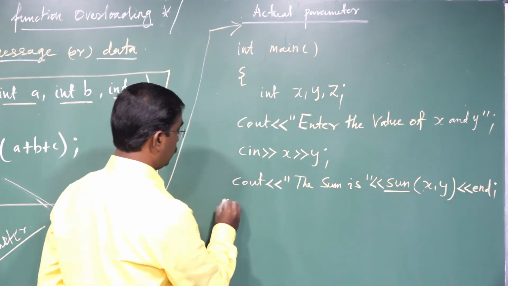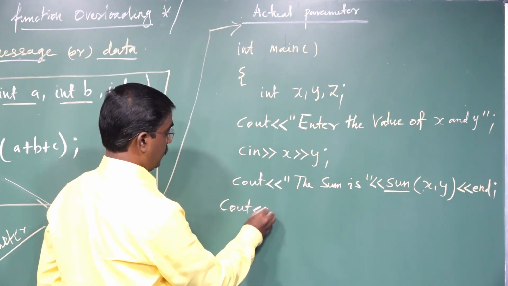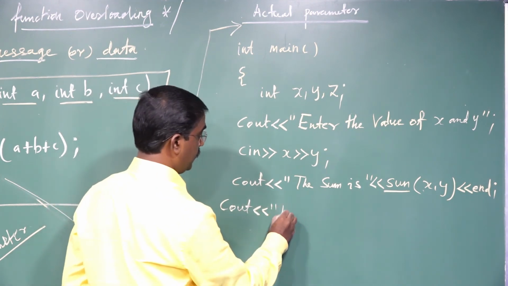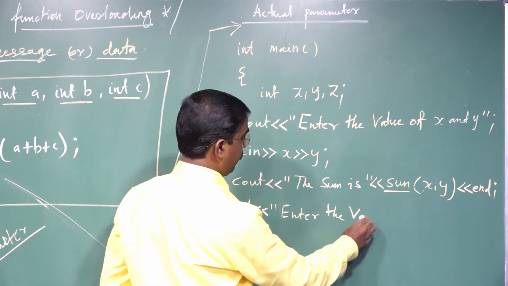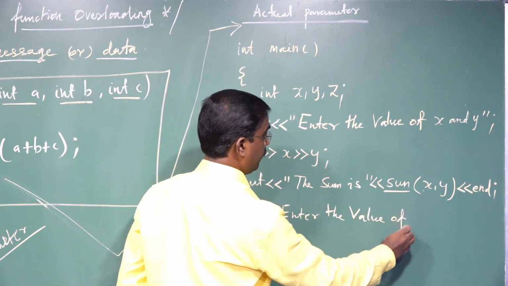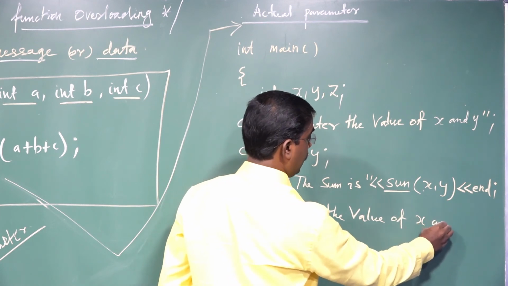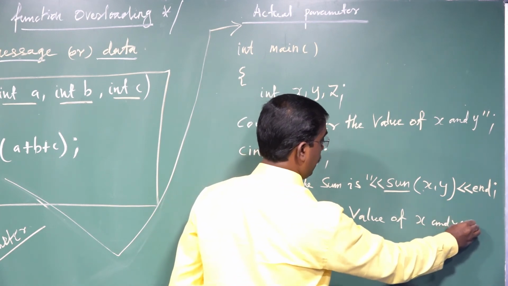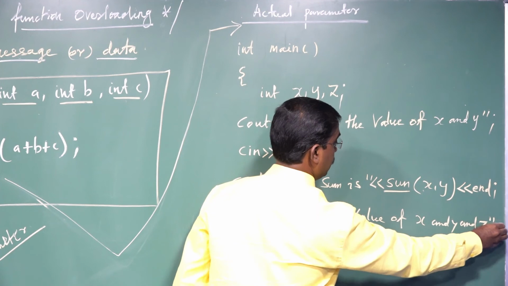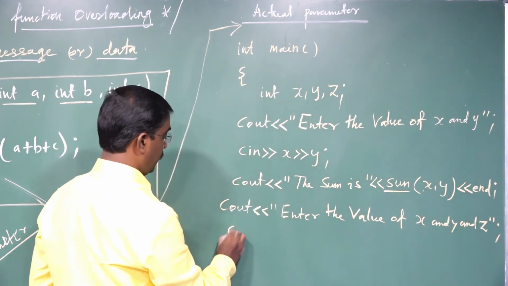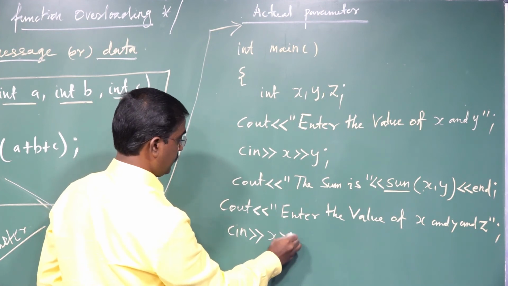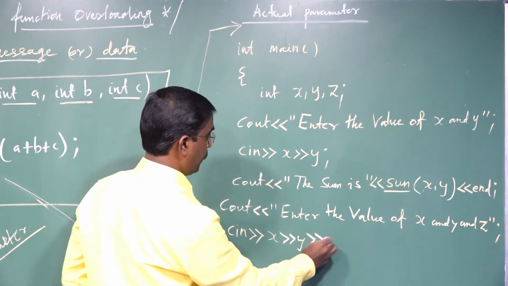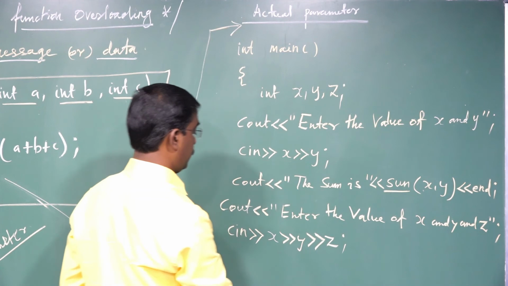Next, here 3 inputs. Cout: enter the value of x and y and z. Now you see cin x, y, then z.